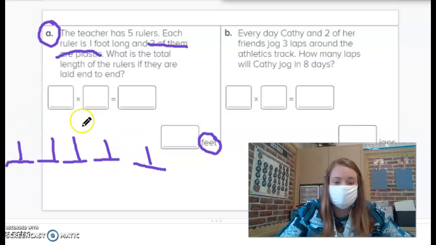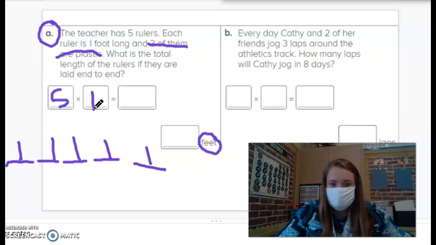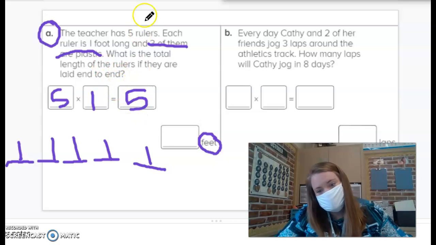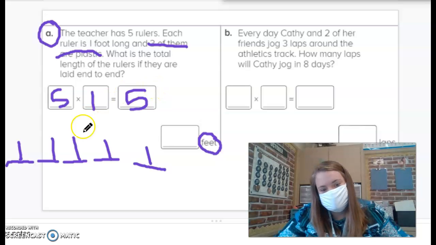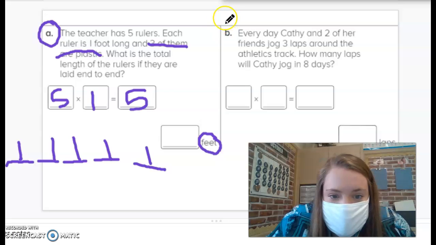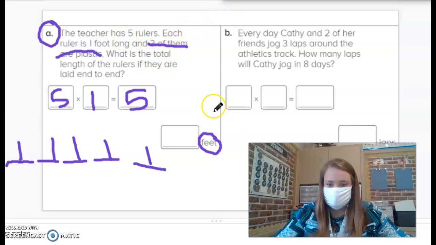Well, this looks like 5 groups of 1. Remember, anything times 1 is itself, 5, because you only have 5 groups of the 1, or 1 group of 5, so 5. Okay, so I want you to go ahead and do B on your own. Pause the video and complete B.